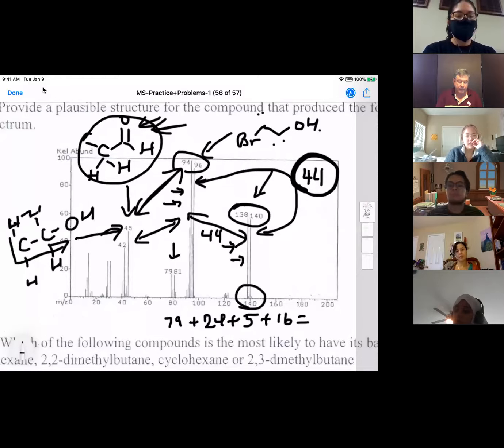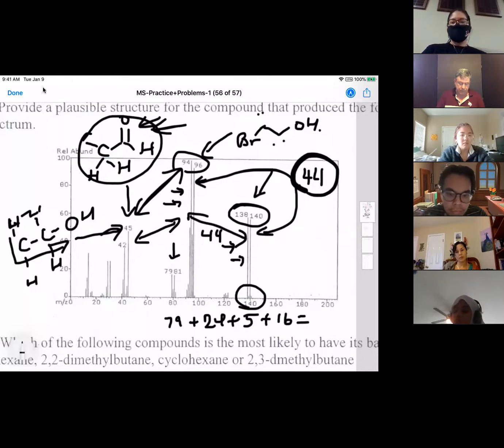Are we high enough in molecular weight yet? 79 plus 24 plus 5 plus 16 gives us 124. We're still missing a couple. 138 minus 124, we're still missing 14.